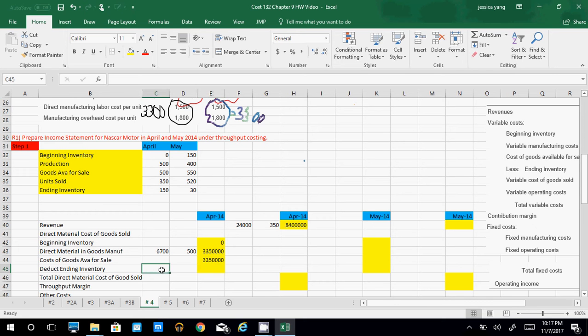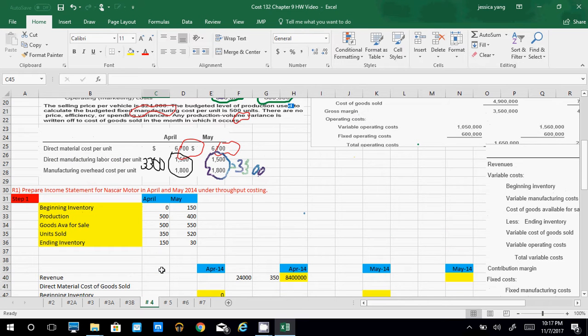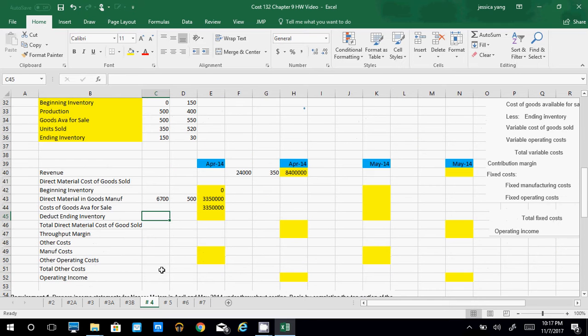To deduct ending inventory, we take 6,700 from direct material cost per unit in April and multiply that by our 150 units of ending inventory in April, which gives us 1,005,000.